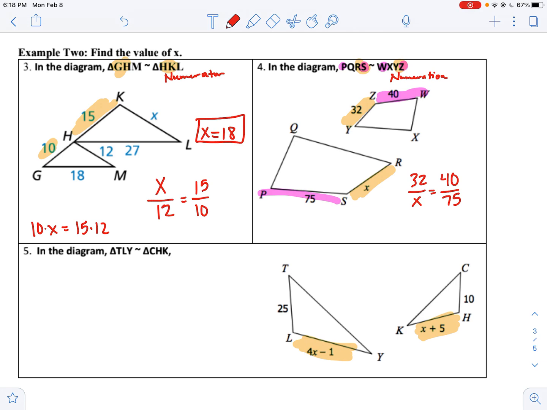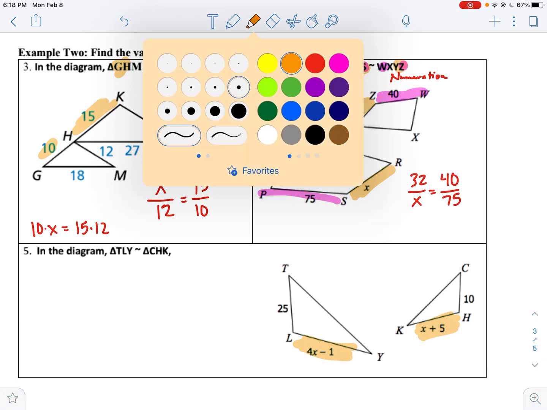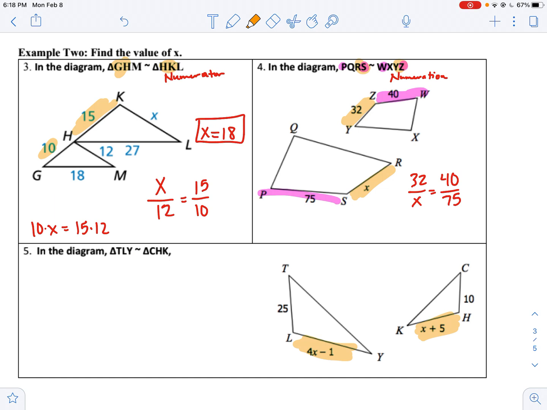And then this last one here, let's see, LY, last two letters, match up with HK. That's an interesting one. So x plus 5 over 4x minus 1. Really doesn't matter in this type of problem, but I like to be consistent.